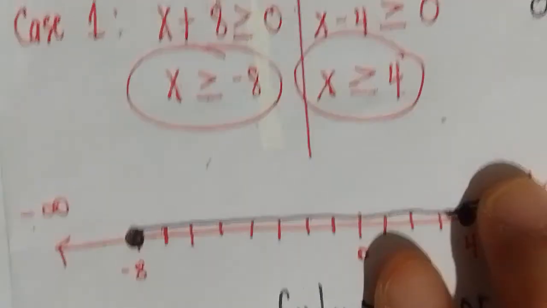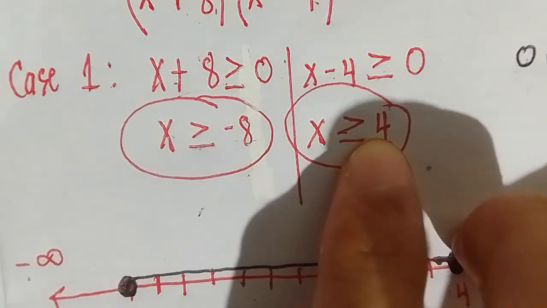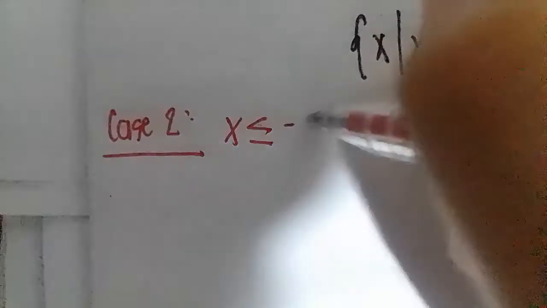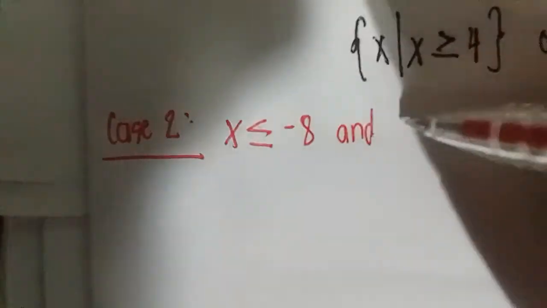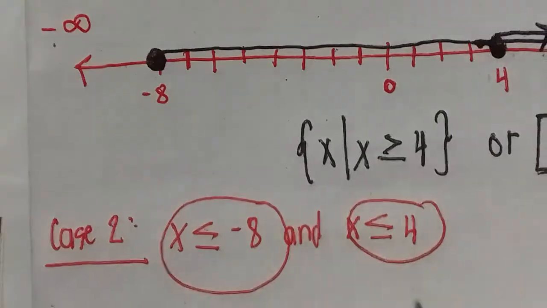So, sa atong gi-solve karon, nag-gamit ta og greater than, di ba? So, in our case 2, mag-less than na pud ta nilang duha. Less than or equal to. So, we have, for the case 2, x is less than or equal to negative 8 and x is less than or equal to 4.